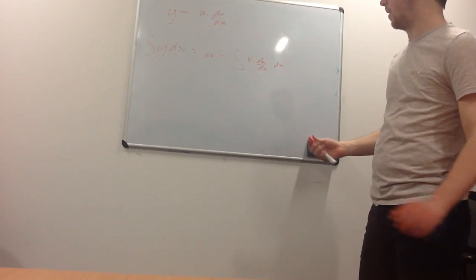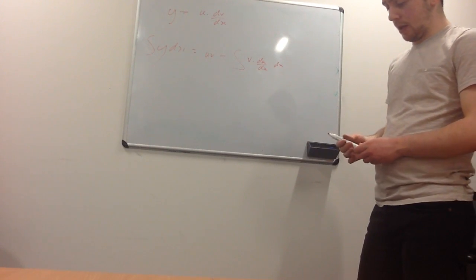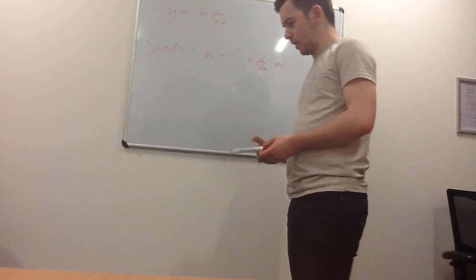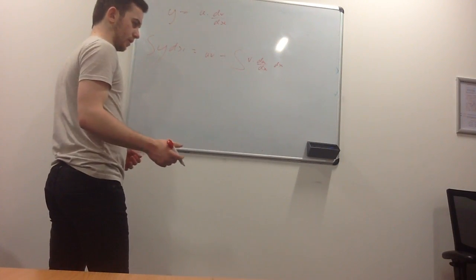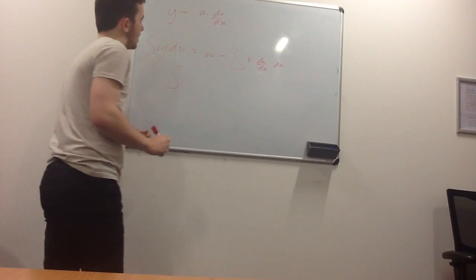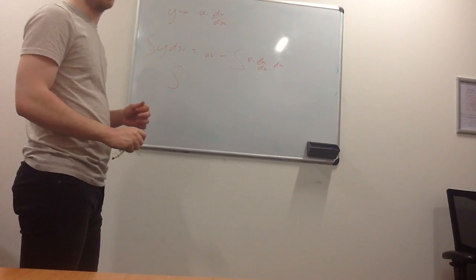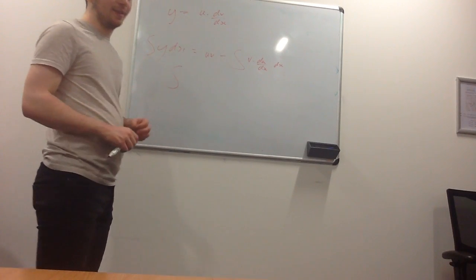So what does this actually apply to? This formula applies to a lot of things. It's really good for many things, and it does have many applications. But essentially you need a u and you need a v to do it. Ish.